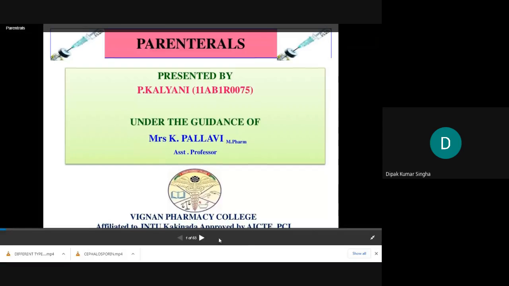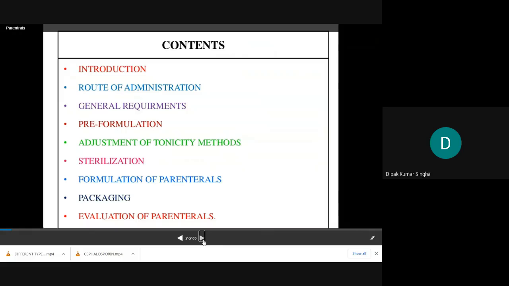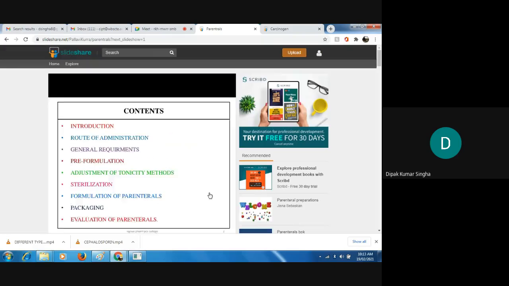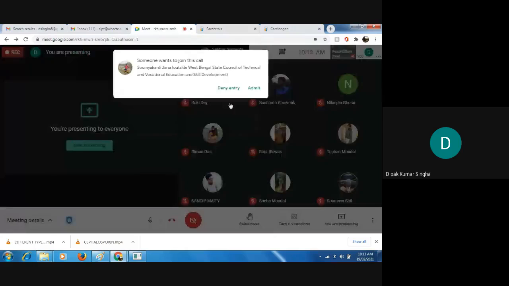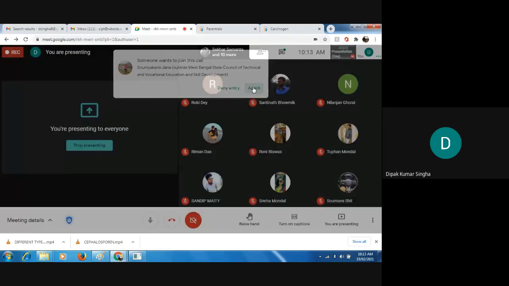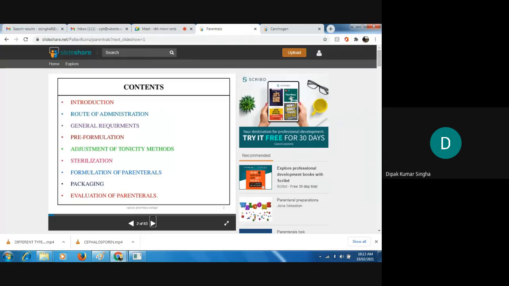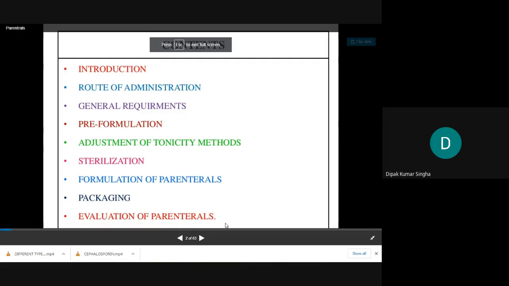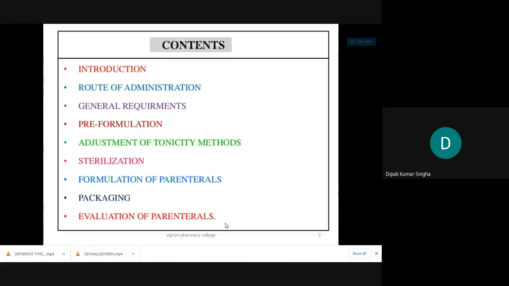Parenteral preparation means those preparations which are used by routes other than oral.